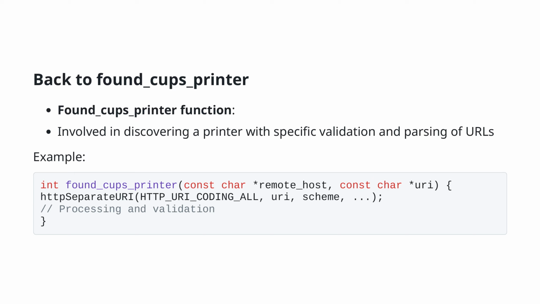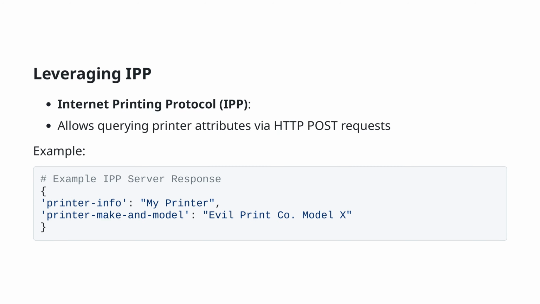This is an initial step in handling the URI, followed by further processing and validation steps within the function. Proper validation here is essential to prevent any potential security issues or mishandling of the data. This function exemplifies the meticulous care needed in handling external data, ensuring that all inputs are correctly separated, validated, and sanitized. Let's now focus on leveraging IPP, or Internet Printing Protocol.